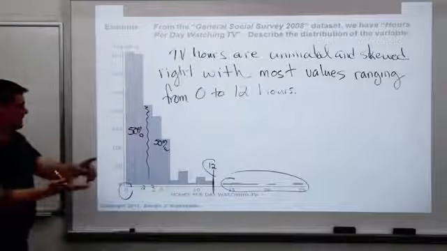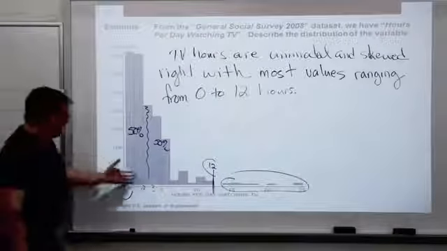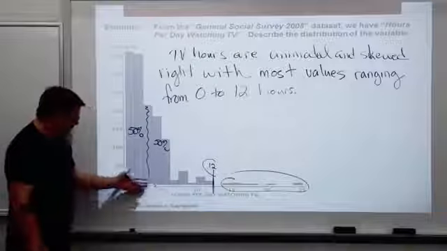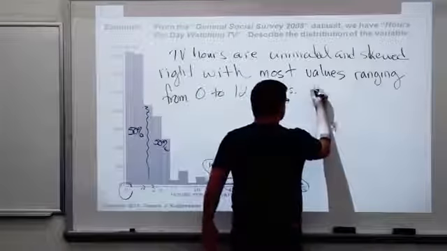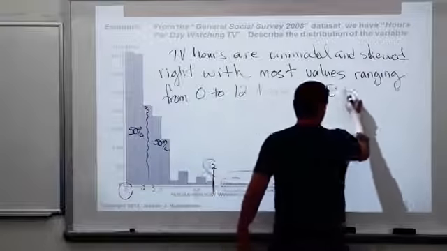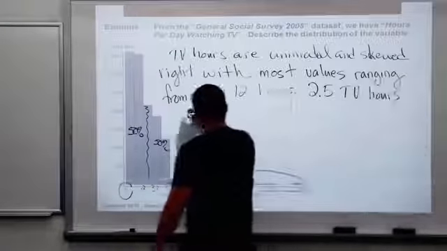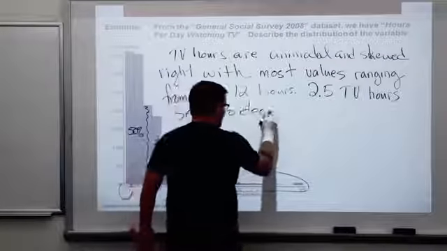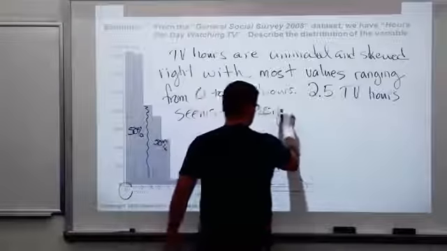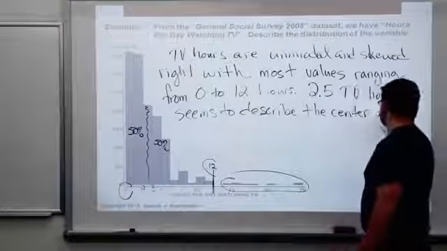We've covered shape and we've covered spread. We still have center and unusual features. How about I cut it in half? How about I say 2.5 hours? 2.5 TV hours seems to describe the center of the distribution.